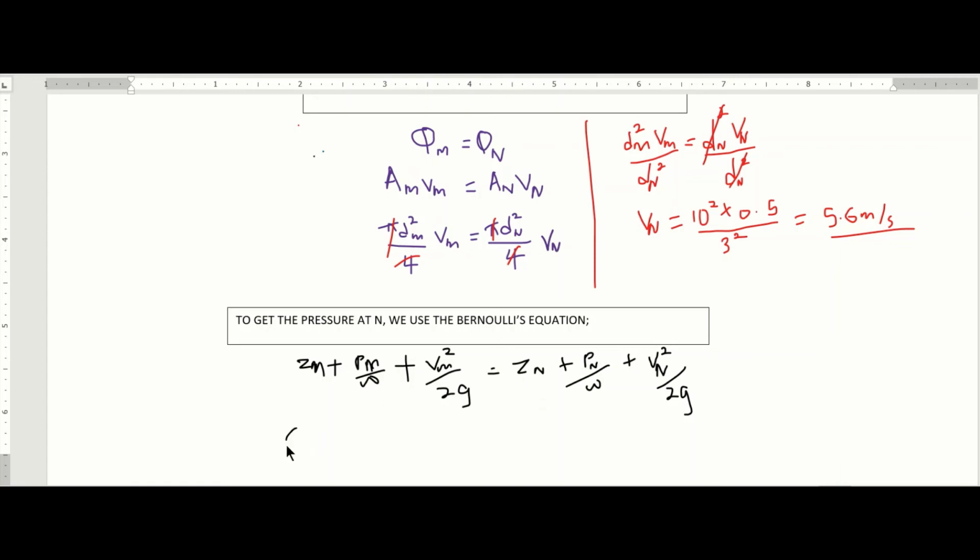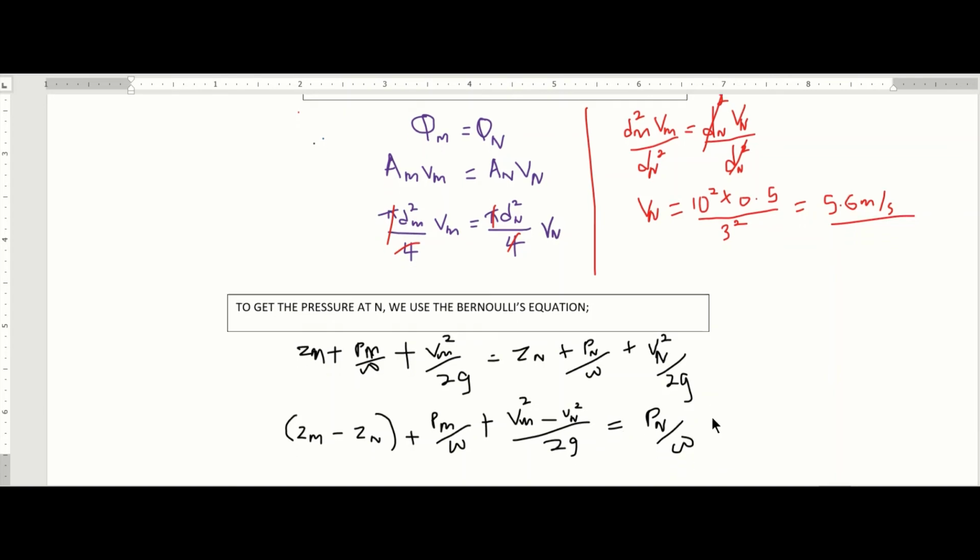It becomes open bracket, Zm minus Zn, close bracket, plus Pm over W, the pressure at M over the specific weight, plus Vm squared minus Vn squared over 2G is equal to the pressure at N over the specific weight.